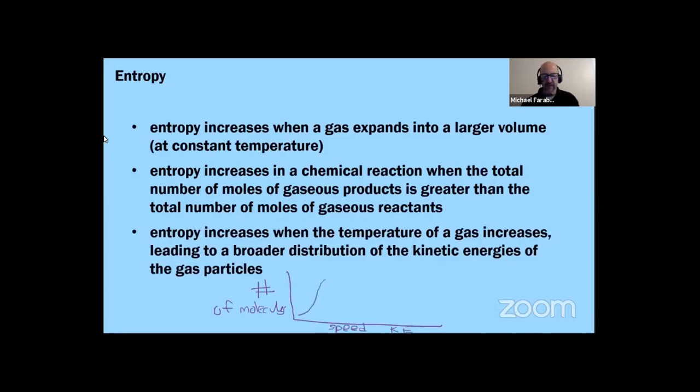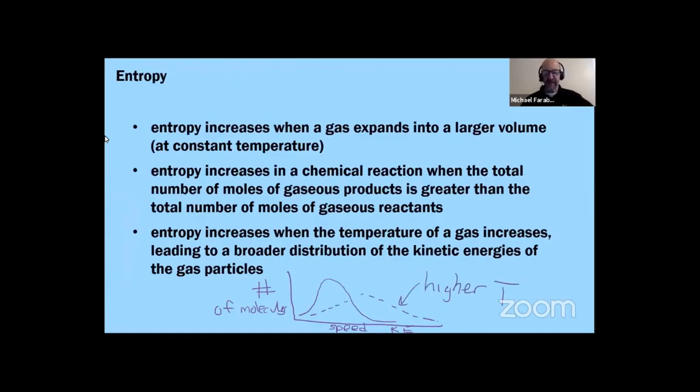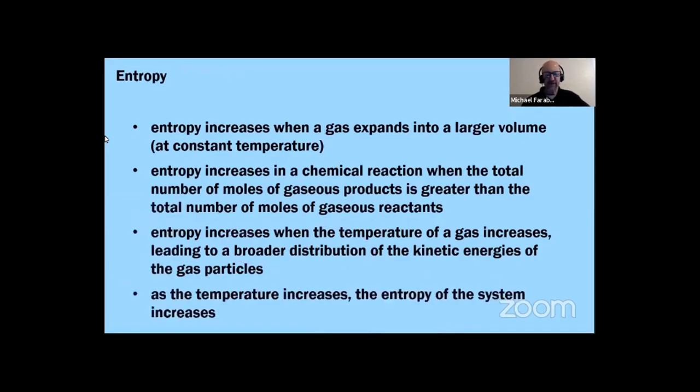You'll notice that when you switch to a higher temperature, this would be a higher temperature, the area under the curve stays the same, but there is a broader distribution of the energies. So again, entropy can be thought of as a dispersal of the energy. When the temperature increases, the entropy of the system increases.